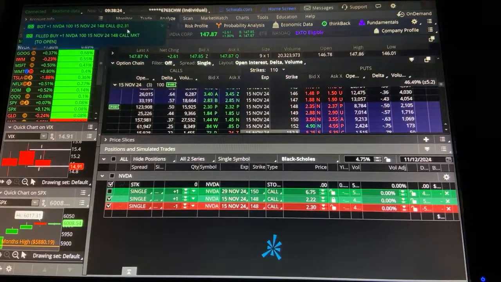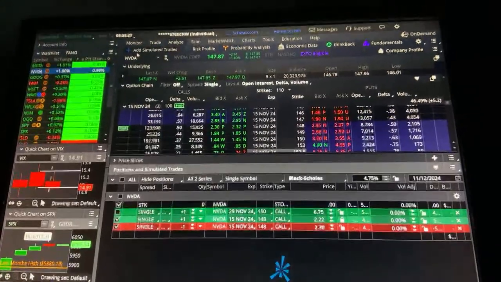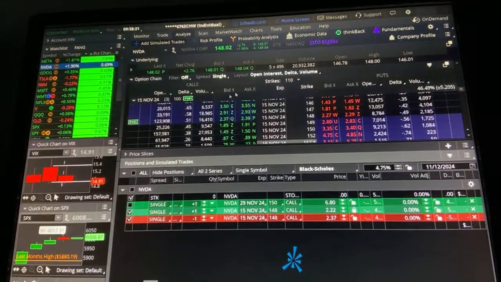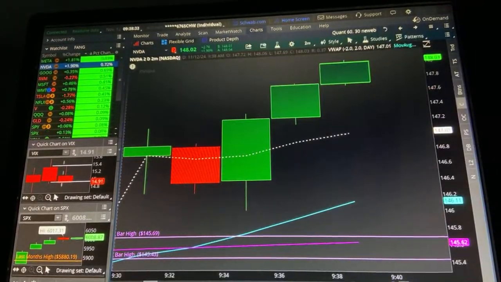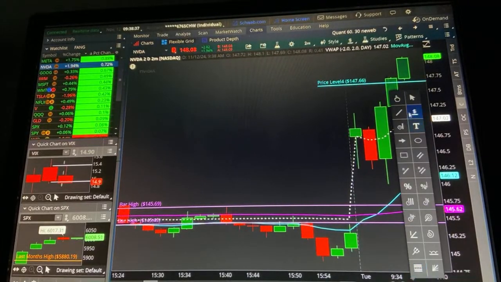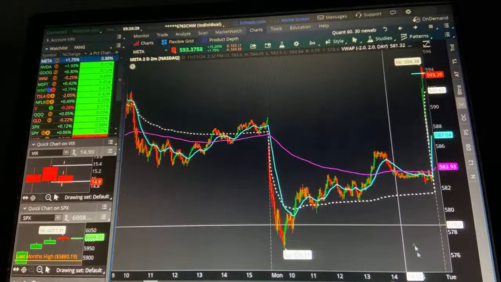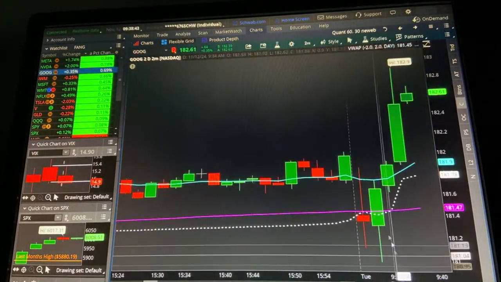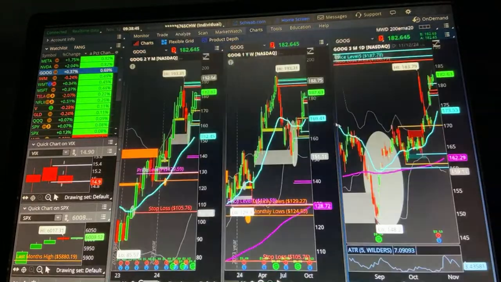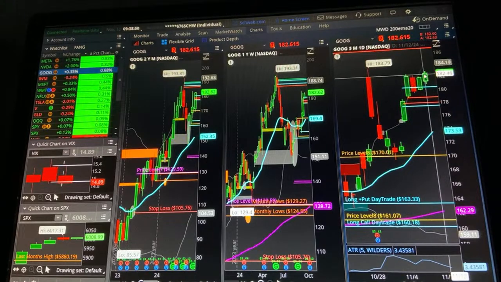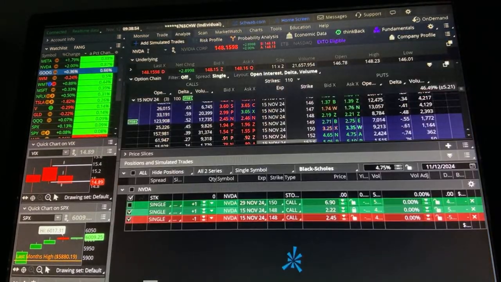All right. Google trying to fill in. Google. Outside day, 1, 2, 3, go here. Potential Google got some stuff here.